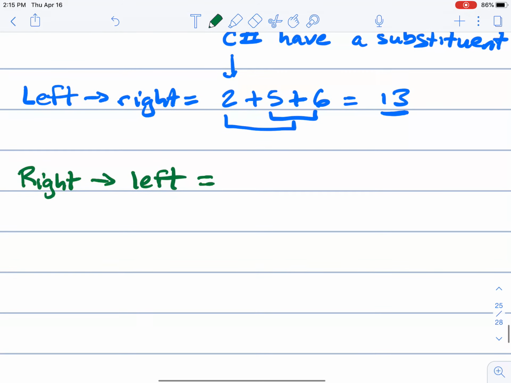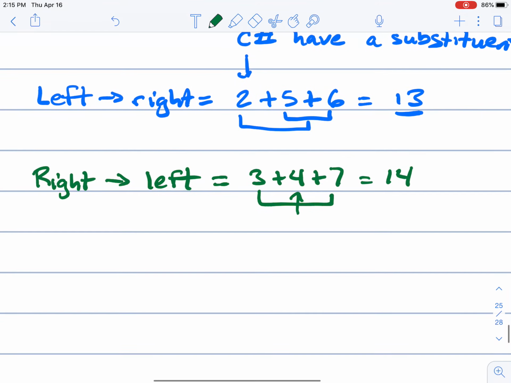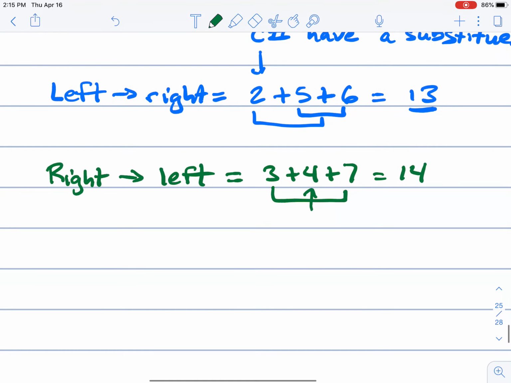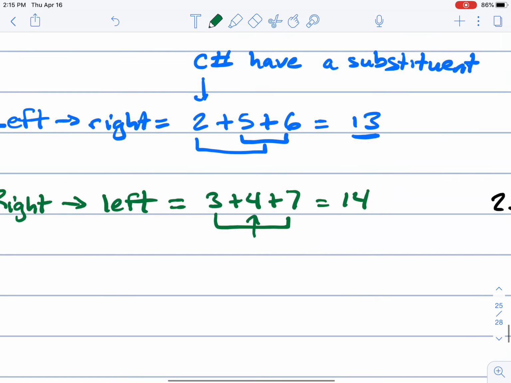So 3 plus 4 plus 7, in this case I get 10, and then add that with 4, that's 14.